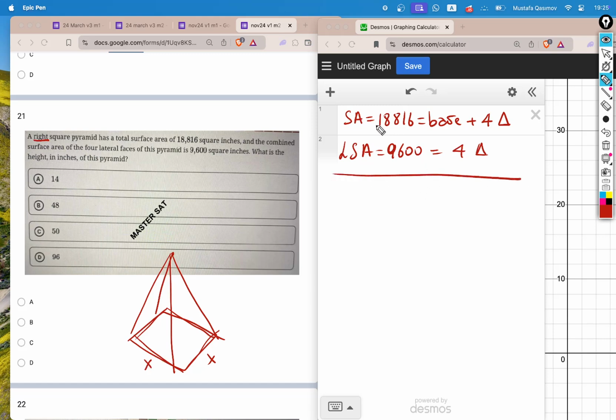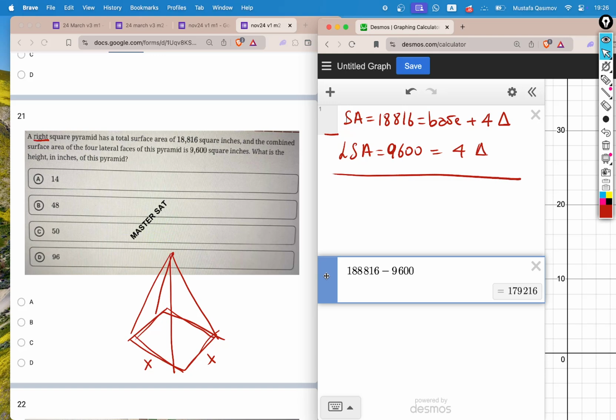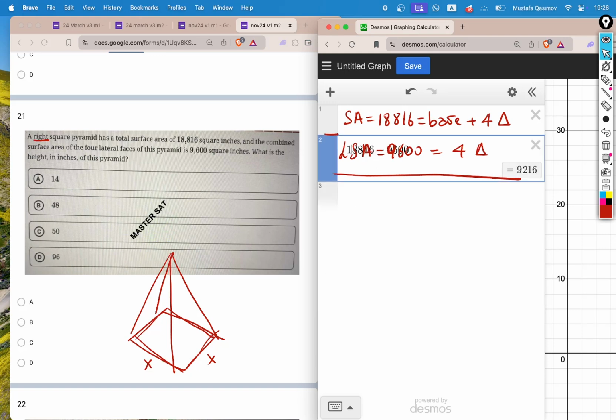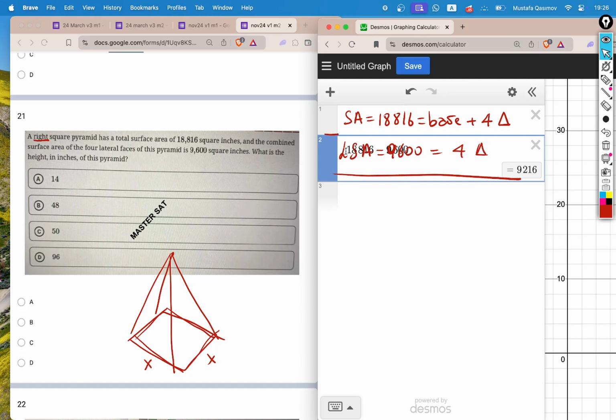If you subtract the lateral surface area from the surface area, for any figure you will get the base. If you have 2 bases, you will get the sum of these 2 bases. So it will be like this. Just wait. Oh, okay, I wrote 180 more. We will get 9216. Let's write it as a square.